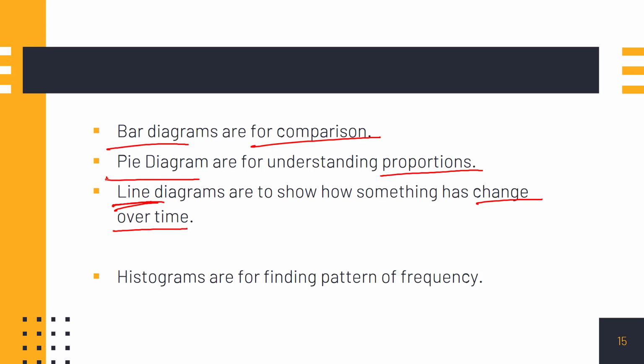If you want to show in which sections you spend monthly, that means how you spend your money in different sections, then you will draw a pie diagram. If you want to compare the number of students or number of patients in different categories, then you will use a bar diagram. And histograms are for finding frequencies in the case of continuous frequency data.